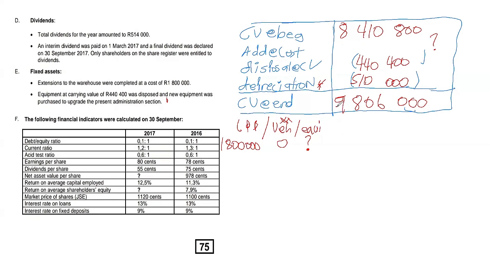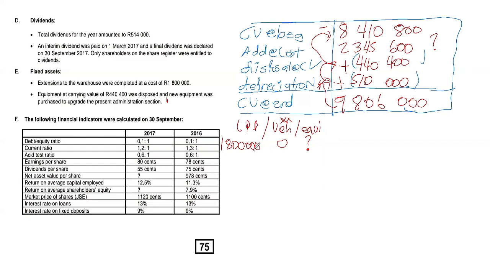So it's going to be 9,804,000. You add depreciation of 510,000. You also add your disposal. And thereafter, you subtract your carrying value at the beginning. So our additions at cost will be 2,345,600.